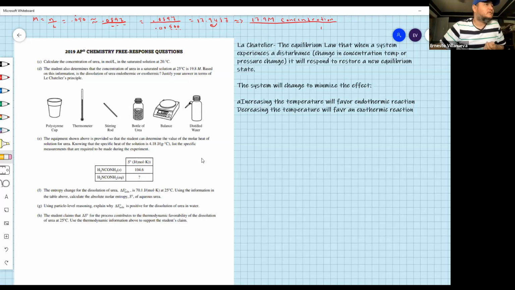Oh, I'm sorry, it says E. I read it as C. And here it gives you the heat of formation, 104.6, right? So this is the heat of formation.